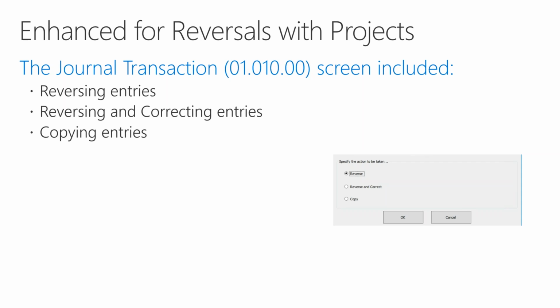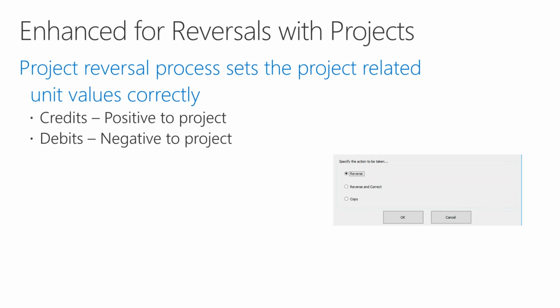The next one is a highlight around a feature that we've always had, the ability in the journal transaction screen to reverse and correct batches. One of the issues we had is that when you were doing that and it involved a project entry, so if you're in the journal transaction screen trying to make adjustments to projects, unfortunately, they didn't flow back into the project information correctly.